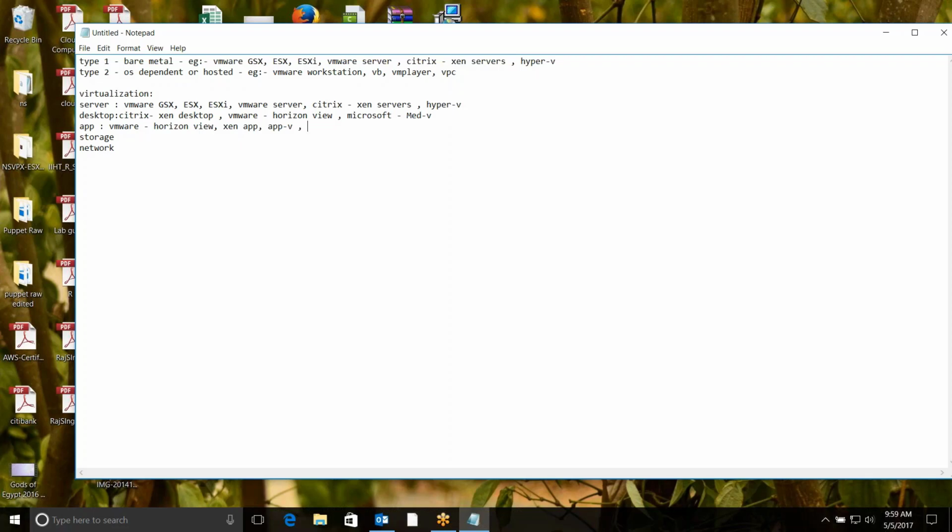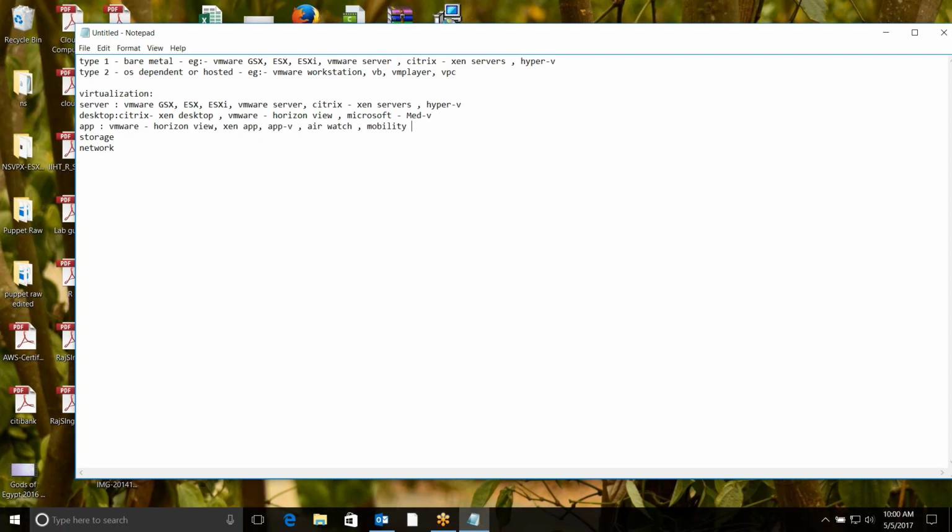Apart from this, VMware provides something called AirWatch, and Citrix has another tool called Citrix Xen Mobility. These are a few tools available for the different types of virtualization that are performed.